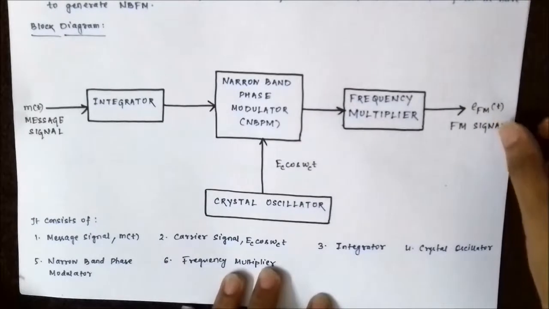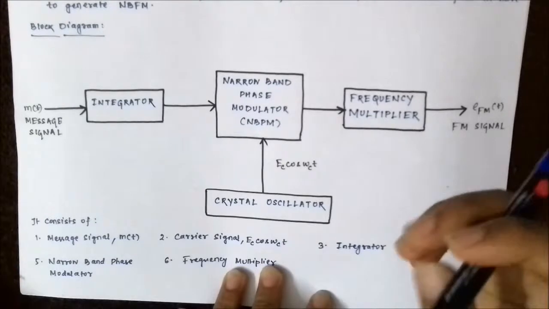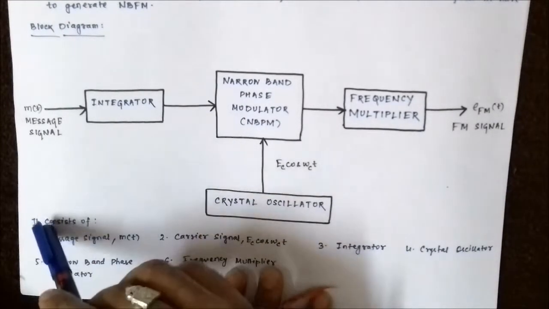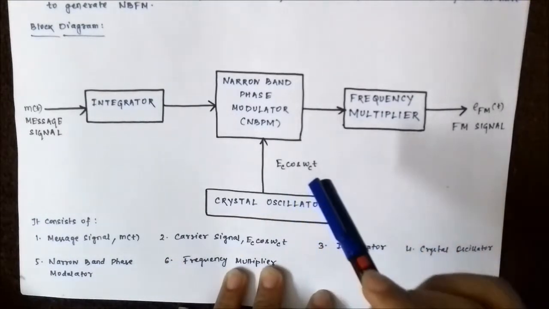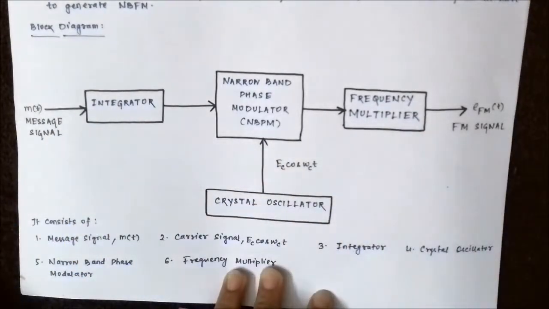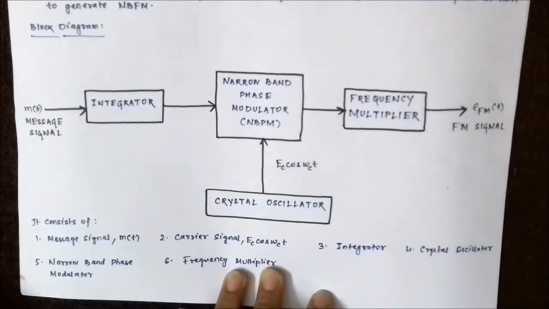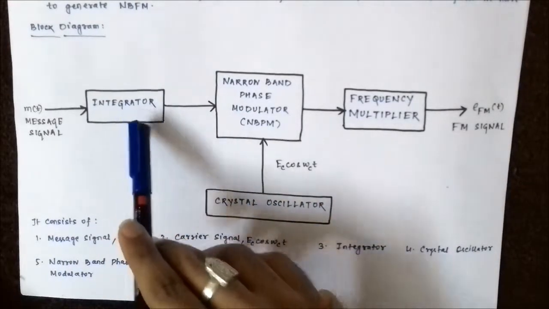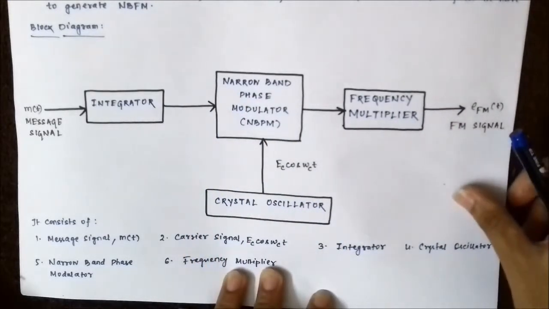So the components which are involved are, first of course, we need a message signal which contains the actual data and information to be transmitted, and we need the carrier signal Ec cos omega_c t, and the message signal is Em cos omega_m t as usual. Here the carrier signal is generated from a crystal oscillator, and apart from these two we have an integrator, a narrowband phase modulator, and a frequency multiplier.